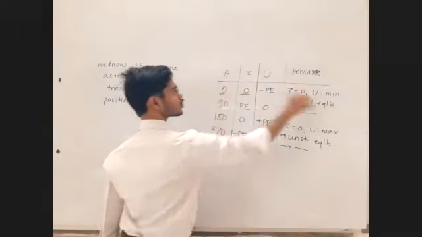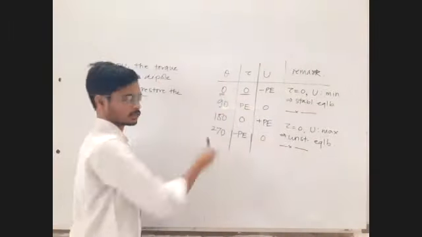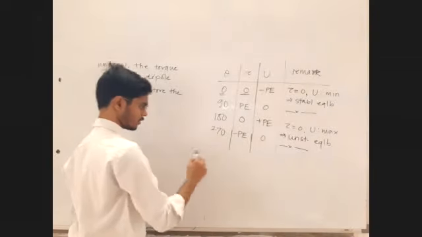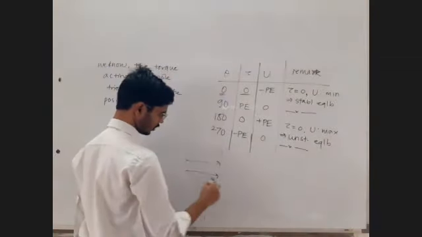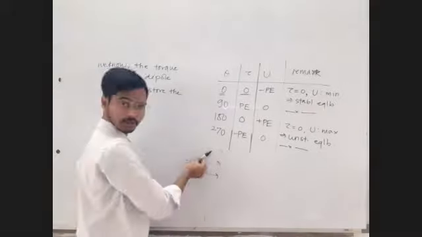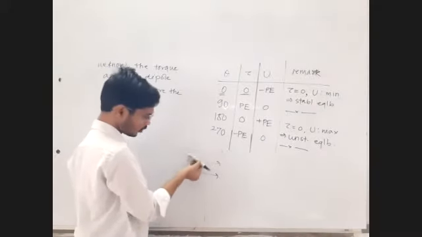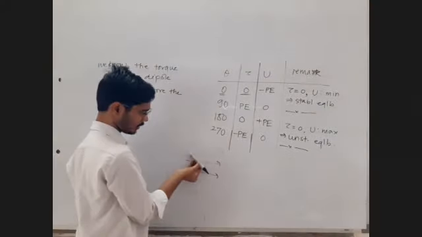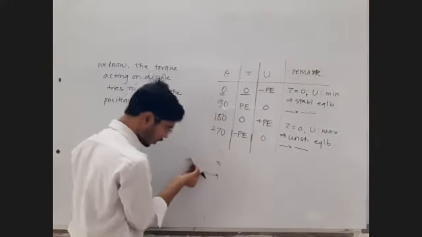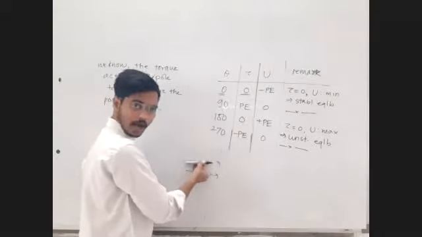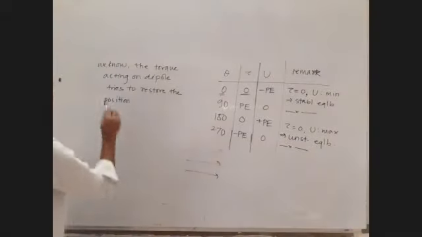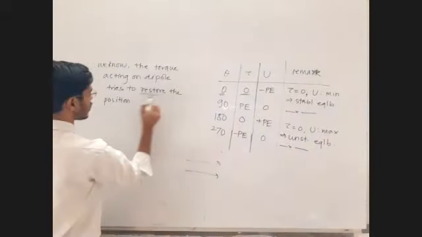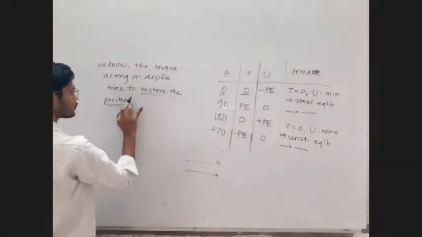It always tries to minimize the potential energy of the system. If you have a dipole randomly oriented in the electric field, it will always be aligned with the electric field. So it will be called a restoring torque because it is restoring the position.